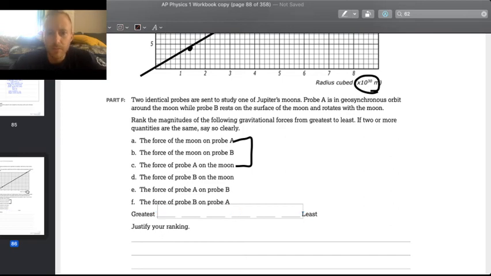Oops. What happened? So what did I say? B was greater than A, but that has to be equal to C. All right? The force of B on the moon is the same as the force of the moon on B. Those two are an action-reaction pair.